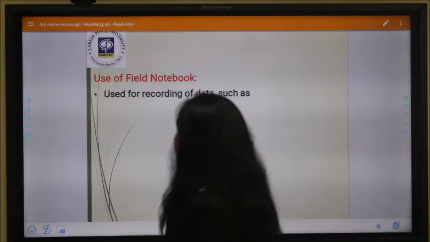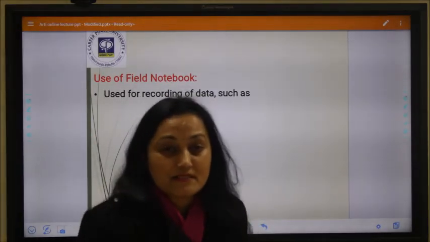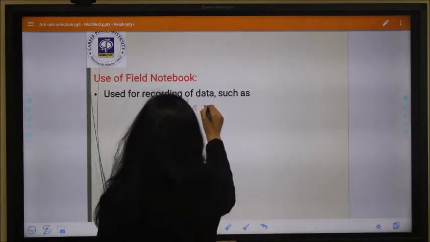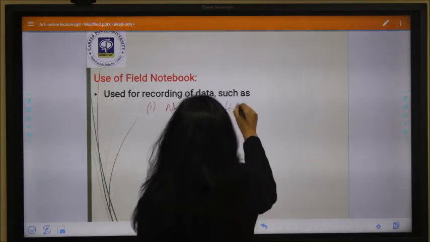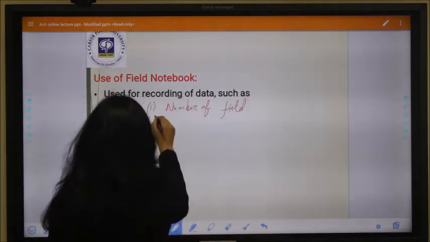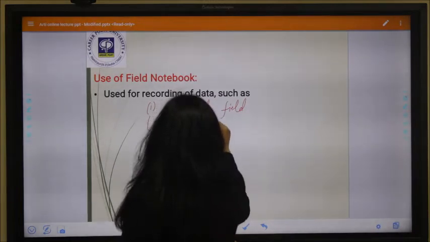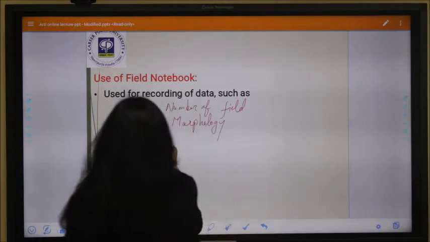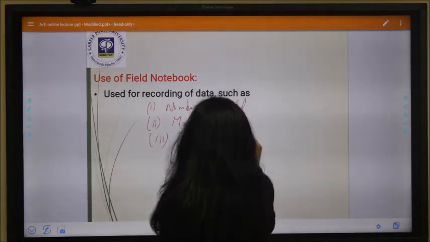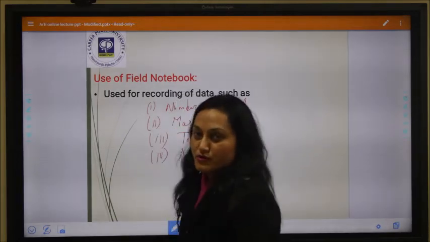Now this field notebook is used for recording different types of data related with the specimen, such as number of field notebook, number of field from where specimen has been collected. The second point is morphology of specimen. Third one is topography. The next one is name of the plant, if known to you.